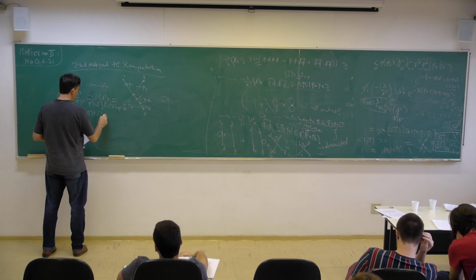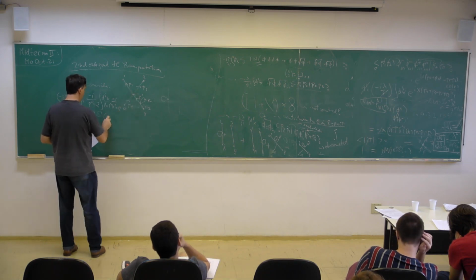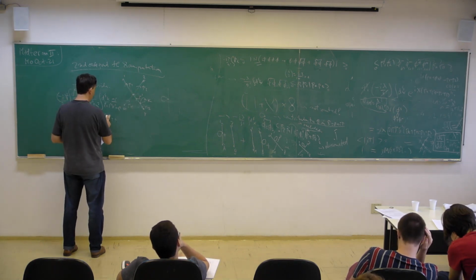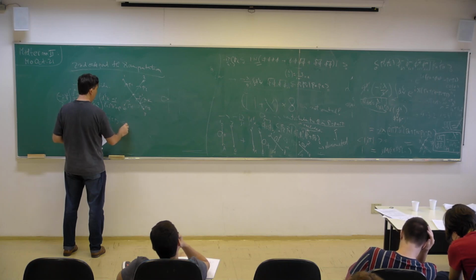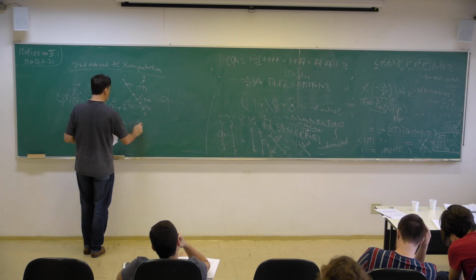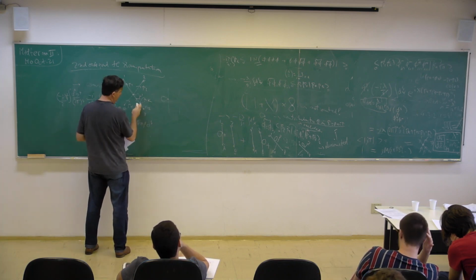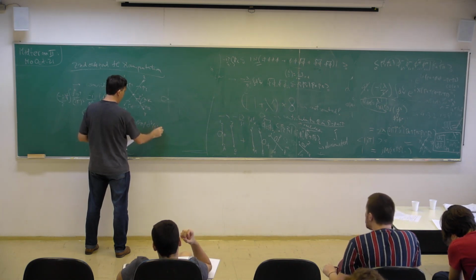But then we would have delta 4 of momenta at the two vertices. One of them is P1 plus P2 minus PA minus P prime. The other one is (2π)^4 delta^4, where K minus K cancels, so we have just P prime minus PB.